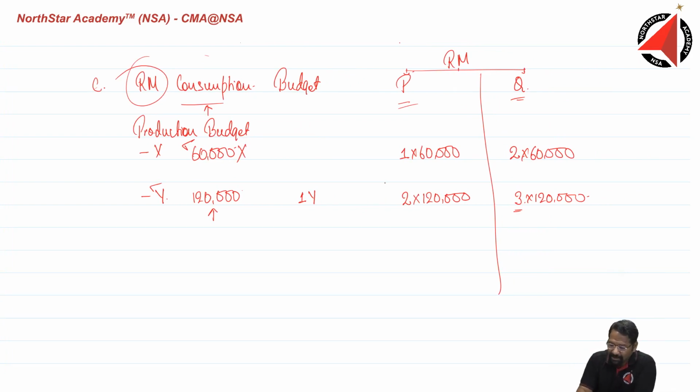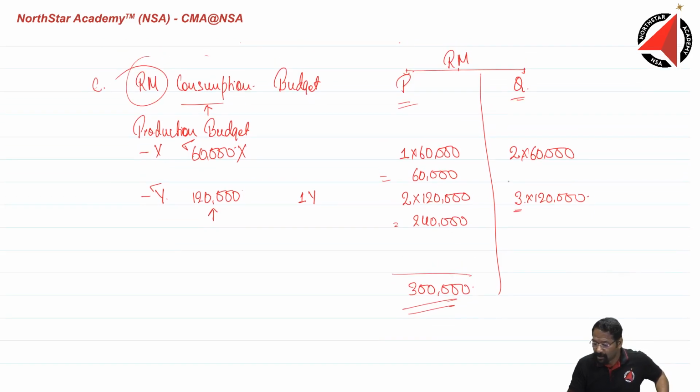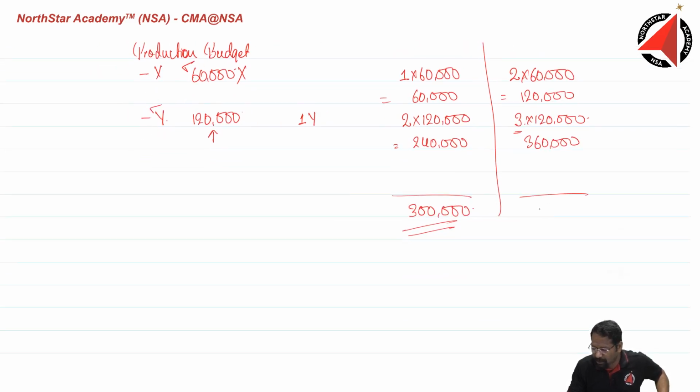So how much P do we need? 60,000 units of P and 240,000 units of Q. So in total we need 300,000 units of P and 480,000 units of Q. Agreed? So this is my consumption budget.